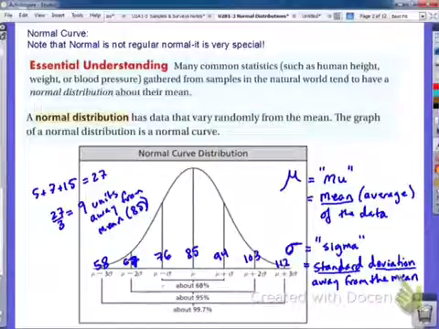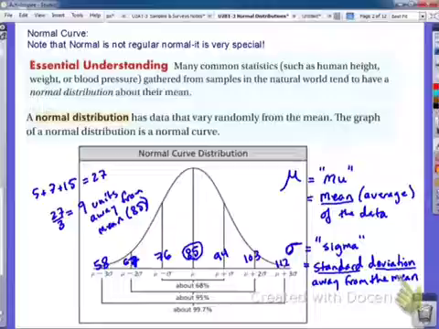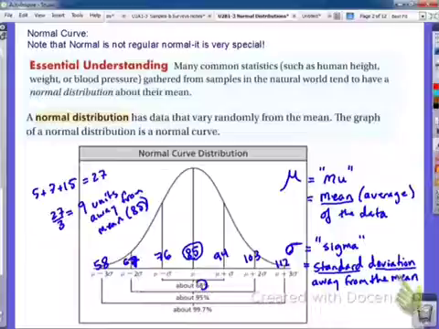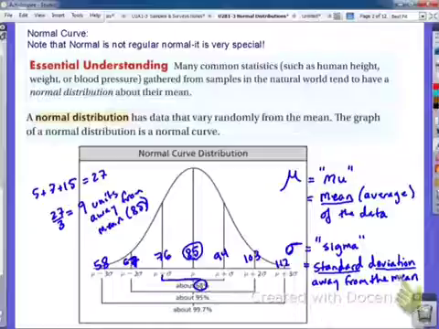Now, in our example, if the class average was an 85 and the standard deviation was 9, then here's what's interesting. These percentages hold true for every single normal distribution in the world. 68%, don't miss this, 68% of the people that took the test made a score from 76 to 94. Just a little above 2/3 of the class.